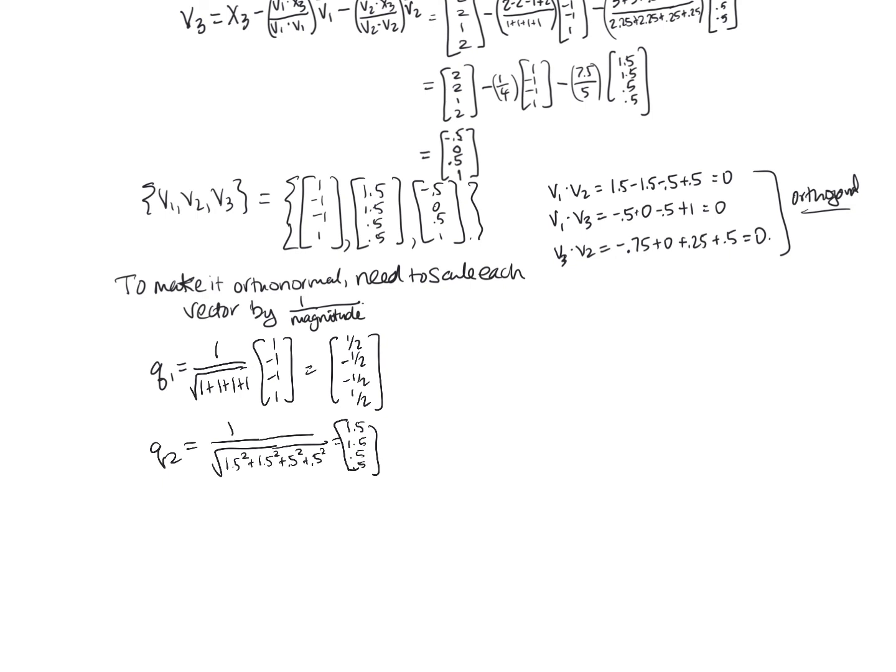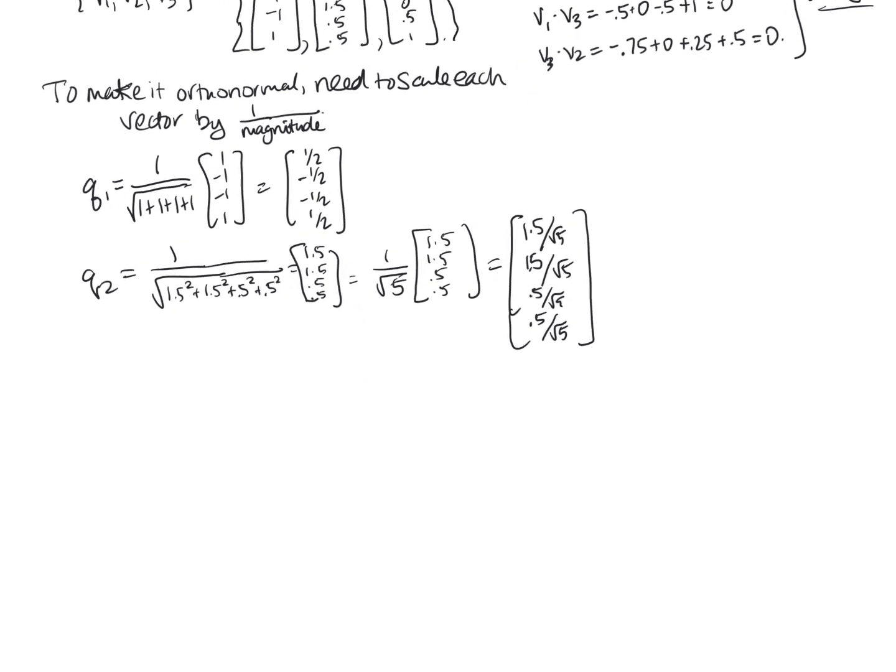So it's going to be 1 over the square root of 5 times the vector 1.5, 1.5, 0.5, 0.5. So that gives us 1.5 over square root of 5, 1.5 over square root of 5, 0.5 over square root of 5, 0.5 over square root of 5. Sorry, it's getting ugly. So there's my vector. That's a unit vector now.